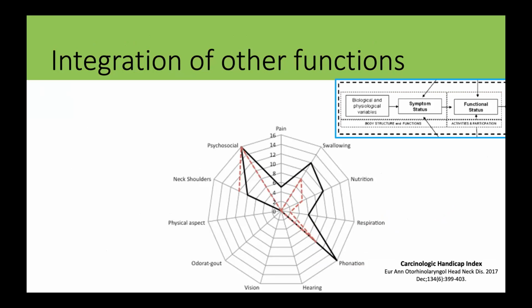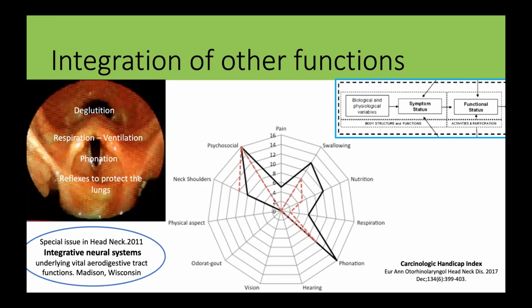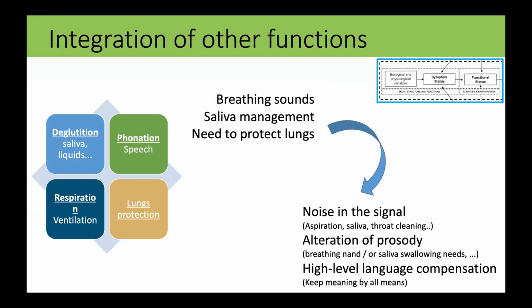More important is the integration of other functions, because in oncology, as in neurologic disease, patients have several deficits, and there is a link between the deficits. For that, I invite you to read a very interesting special issue about the integrative neuronal system underlying vital and digestive tract function. In practice, it's very frequent that we have breath sounds on the signal.